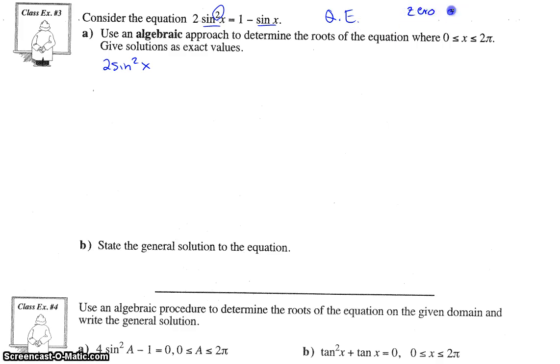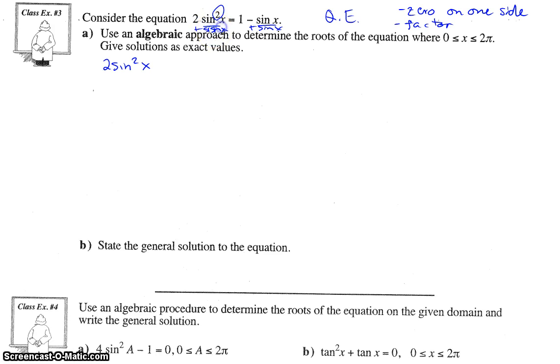That's our first step. This is from 20-1, so hopefully you all remember that. 0 on one side, and then you want to factor if you can. I don't think we'll have any with the quadratic formula in the 30-1 trig unit. So we'll add sine x to both sides.